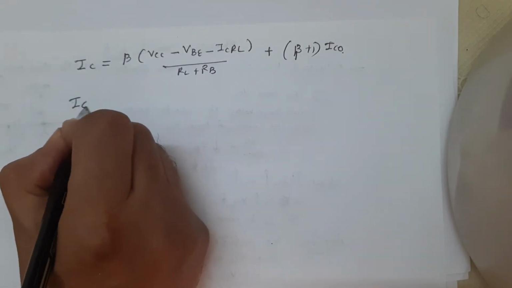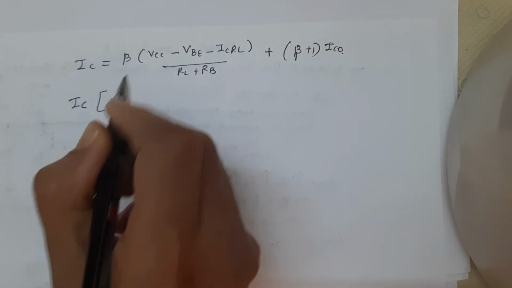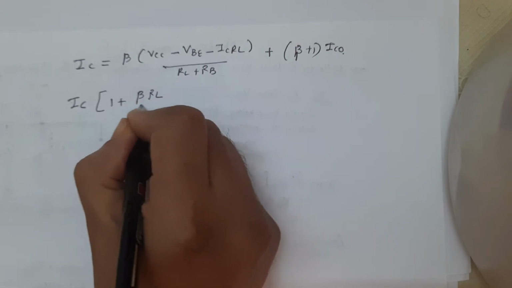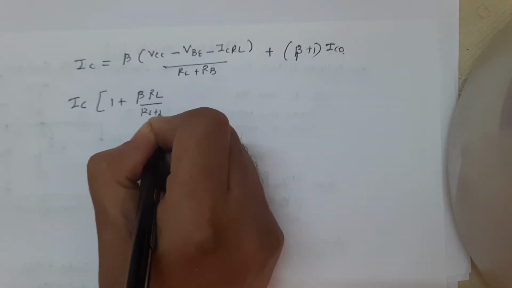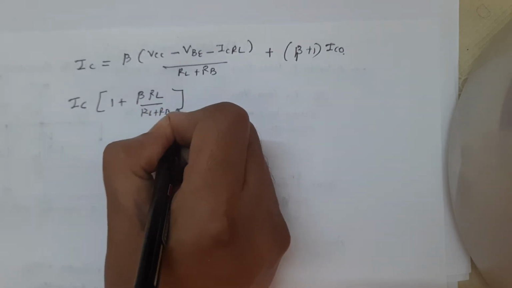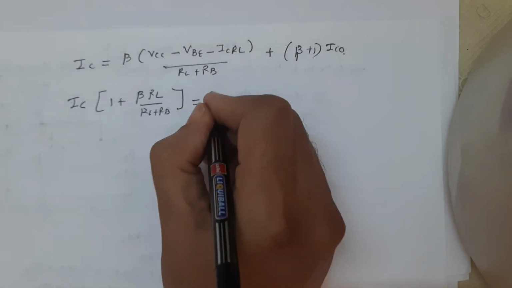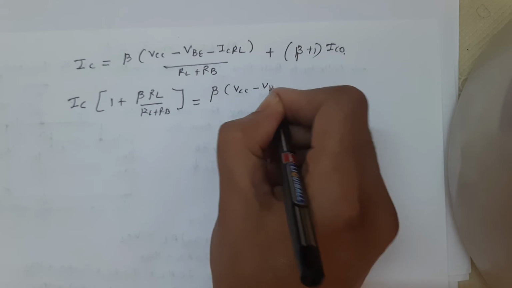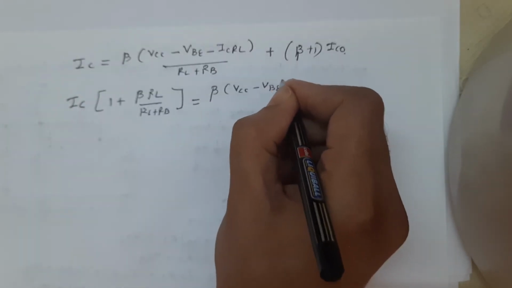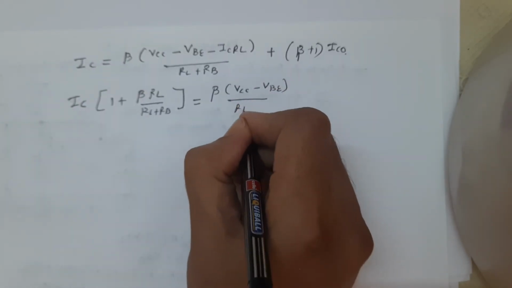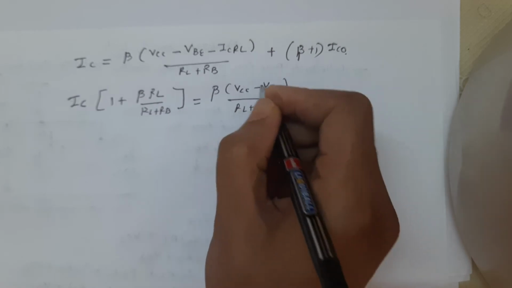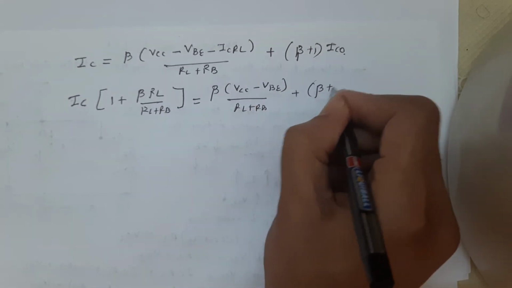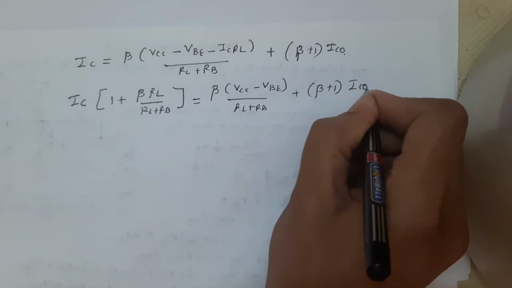Taking IC common, we get IC times (1 plus beta RL upon RL plus RB) equal to beta (VCC minus VBE) upon (RL plus RB) plus (beta plus 1) ICO.